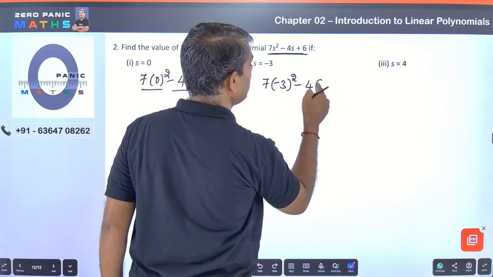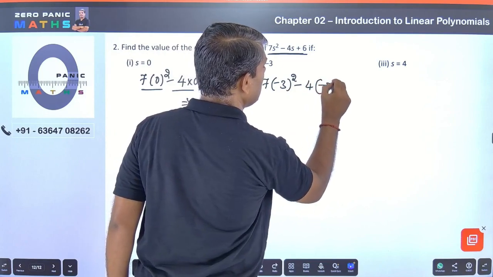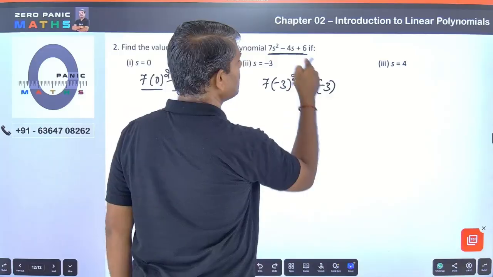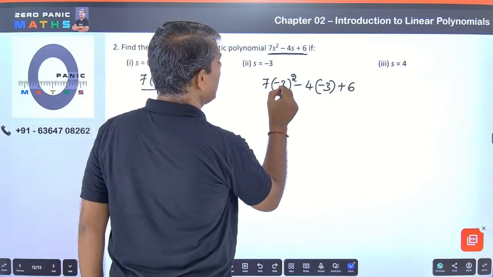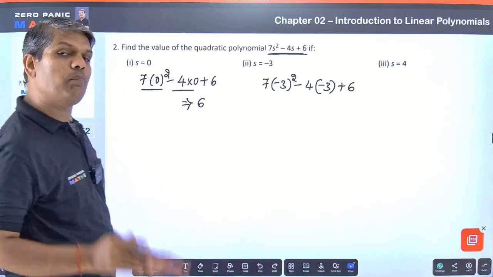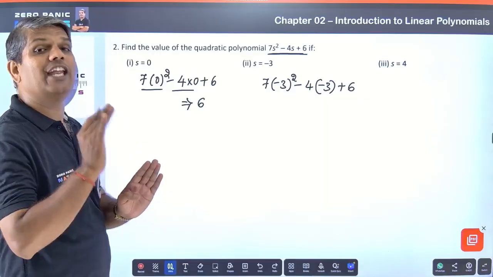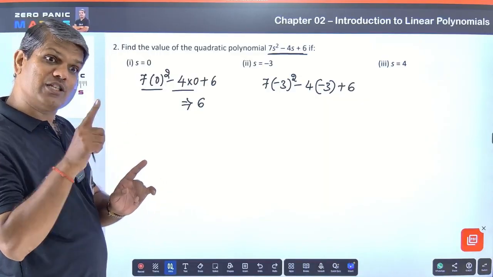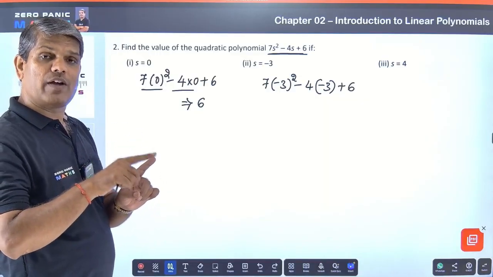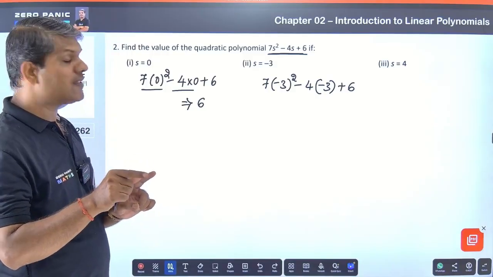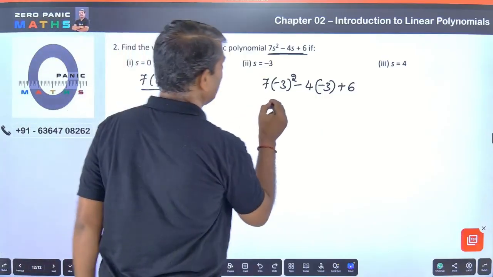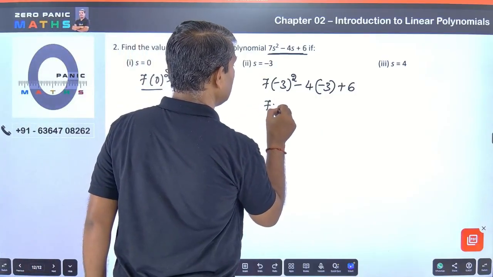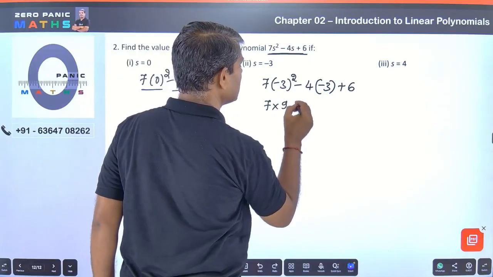Here also you should be very careful with the sign. Minus 3 square is actually plus 9 only. Minus 3 into minus 3, minus into minus is plus. First of all, you have to multiply the signs, that will give you plus, and then 3 into 3 is 9. So 7 into 9, that is minus 3 square.